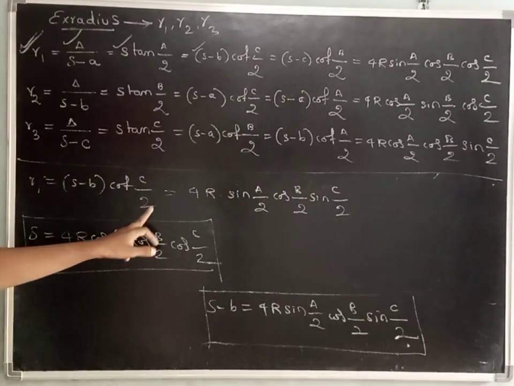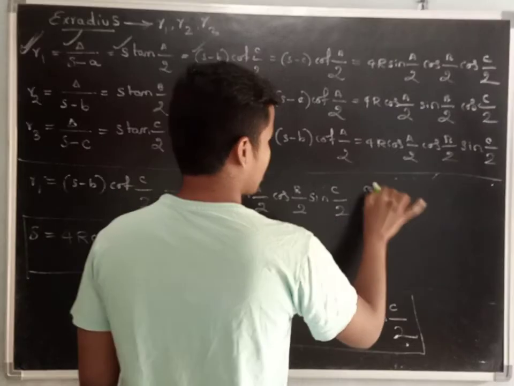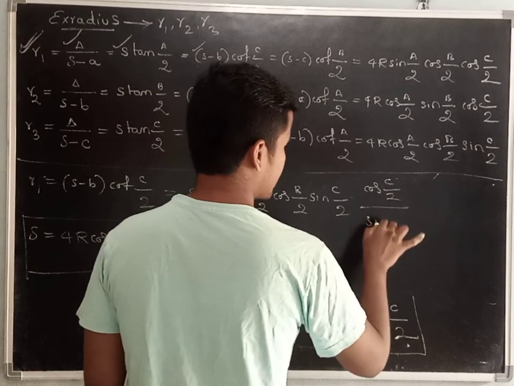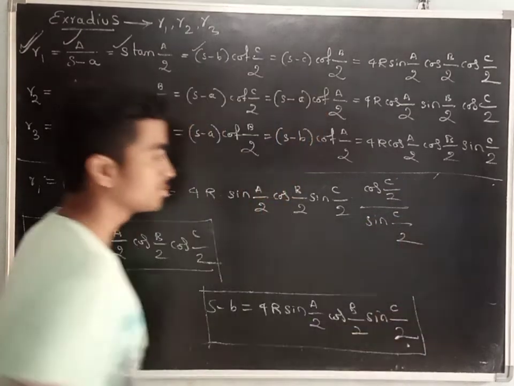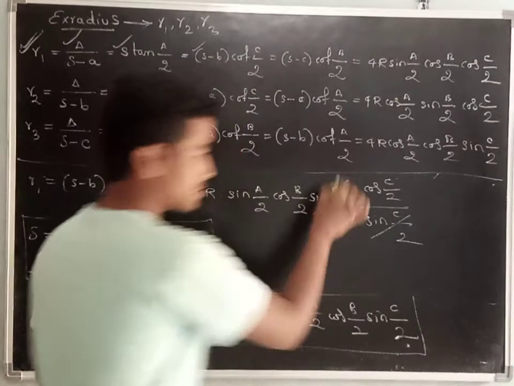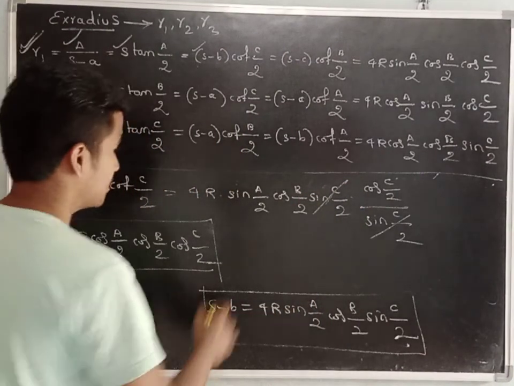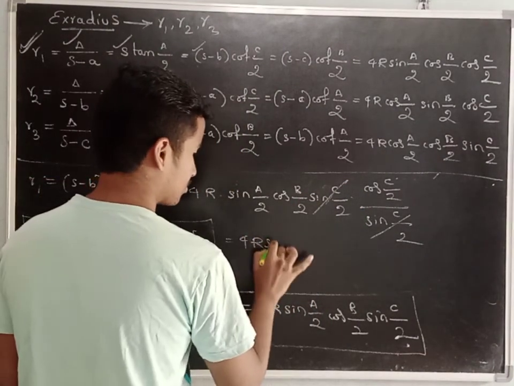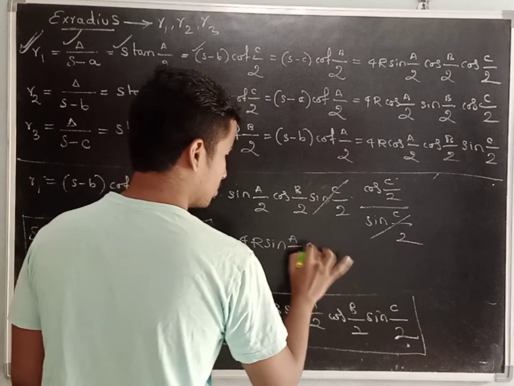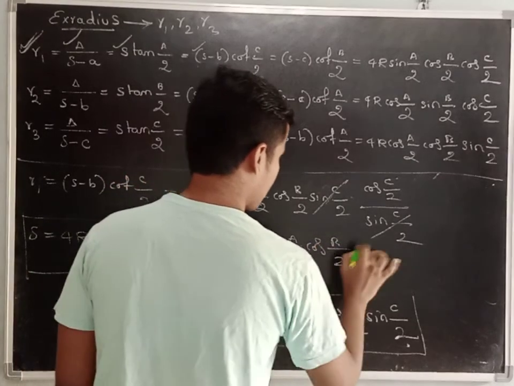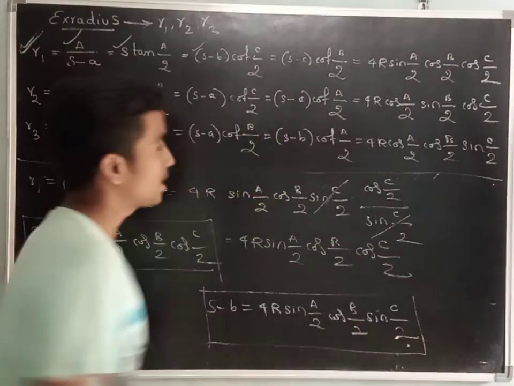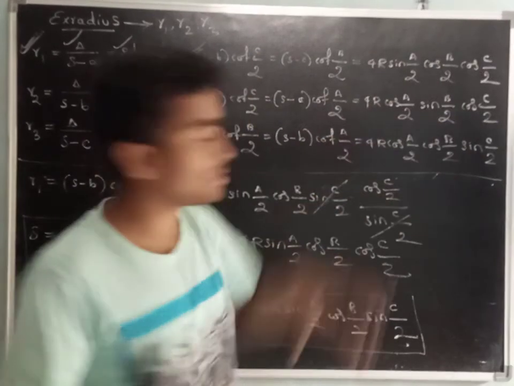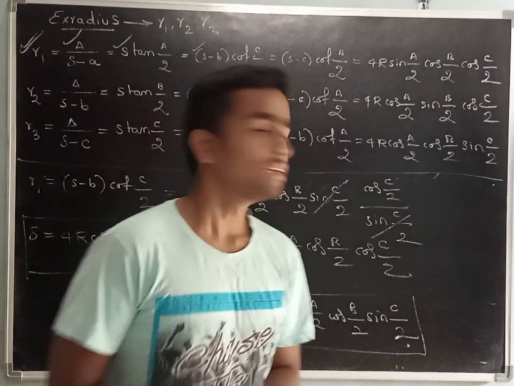Here cos c by 2 is going to be cos c by 2 by sin c by 2. Right? Here sin c by 2, sin c by 2 gets cancelled. So finally 4r sin a by 2 cos b by 2 into cos c by 2. Again we got the same result. Right?